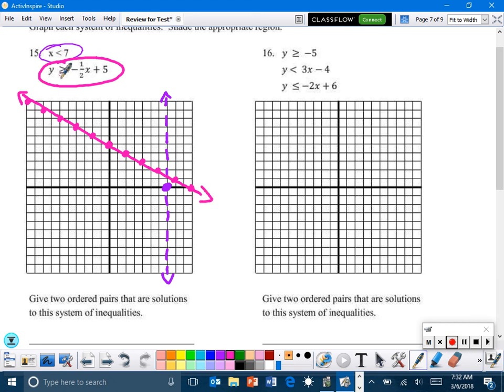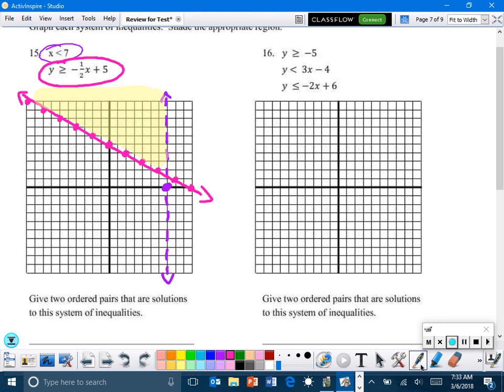And this says I will shade above, so I'm going to shade to the left of the purple and above the pink. There we go.